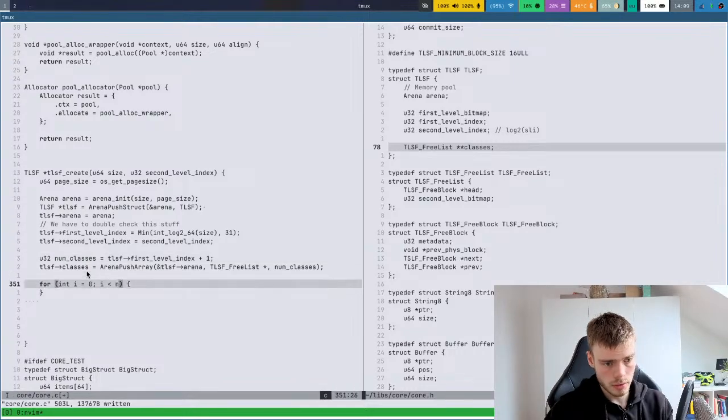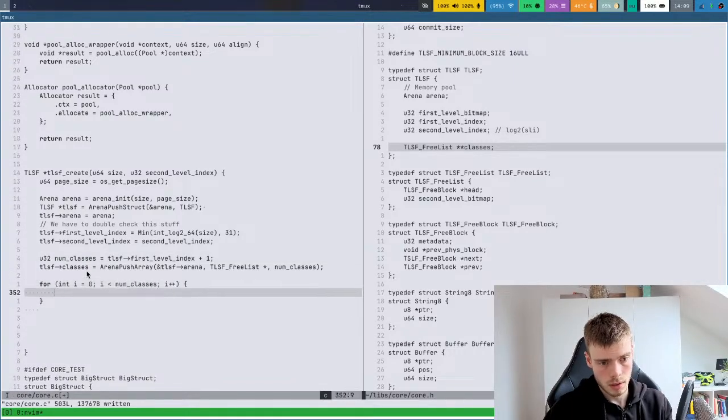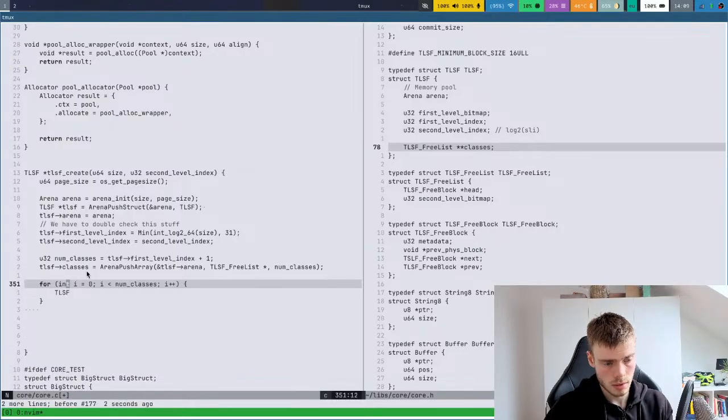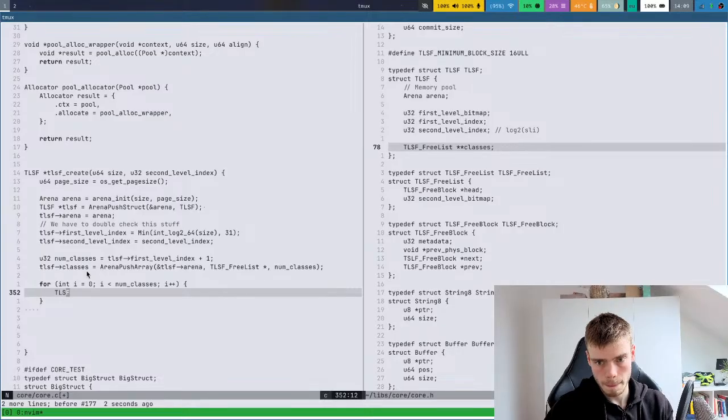And then we go through num classes. Get the TLSF. No. Say classes TLSF classes at I, class entry, and we have to set this pointer.